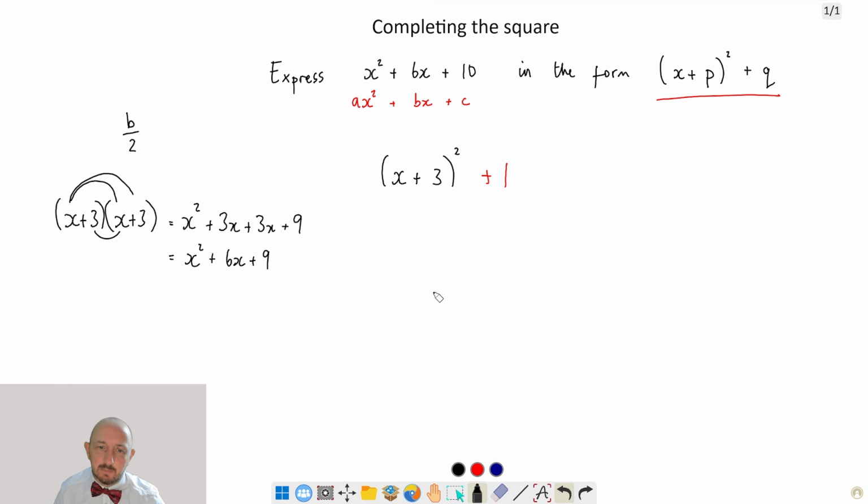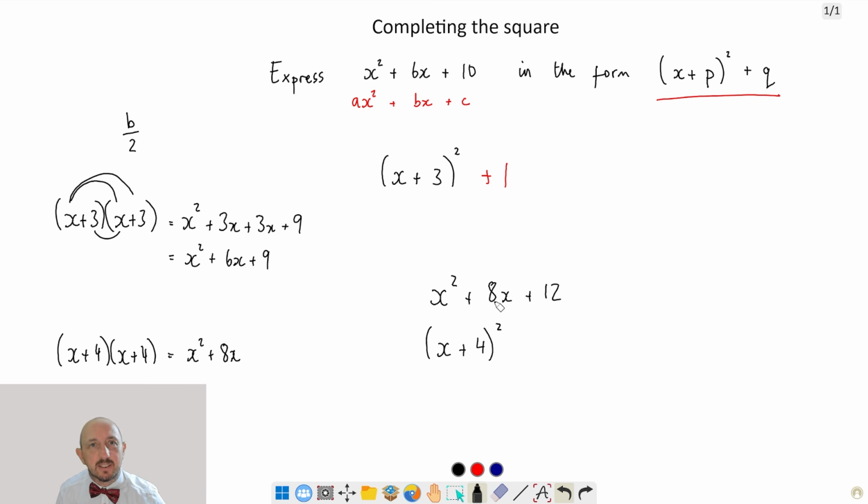Okay, let's try another one: x squared plus 8x plus 12. In that case, we take the b term, which is 8, and divide that by 2. That becomes a 4. So to the side, x plus 4, squared. You'll see as you get used to this that the x squared plus 4x will become 8x, and that's why we divide by 2, because when we expand it, we get plus 4x twice.